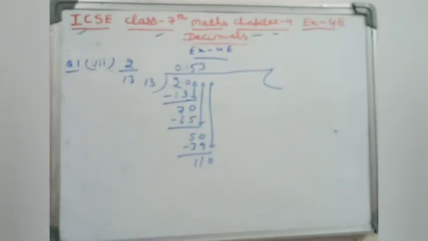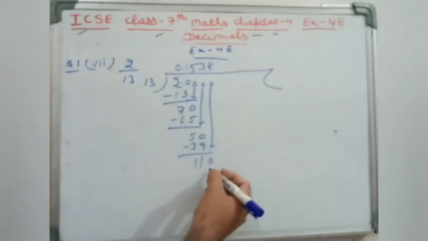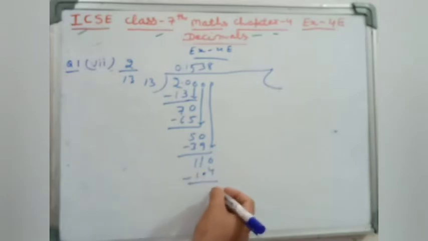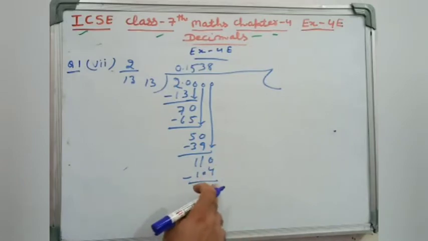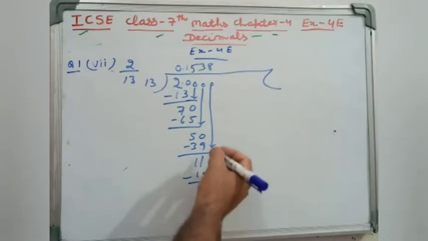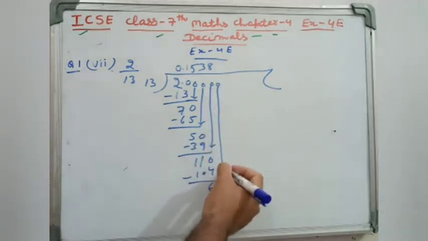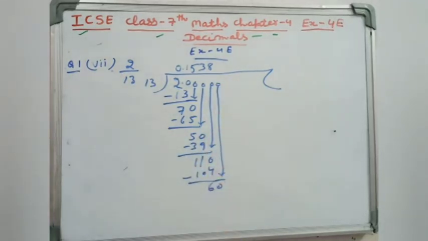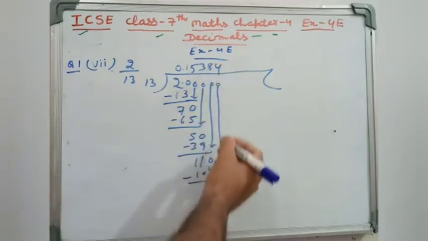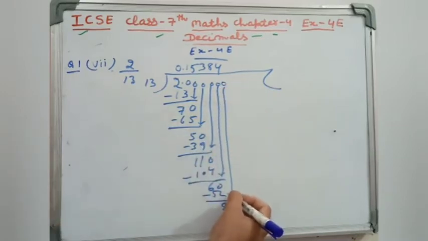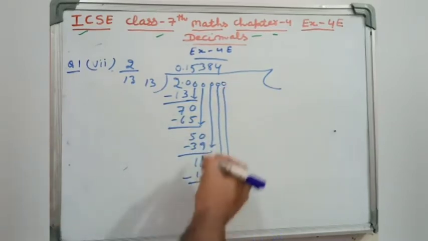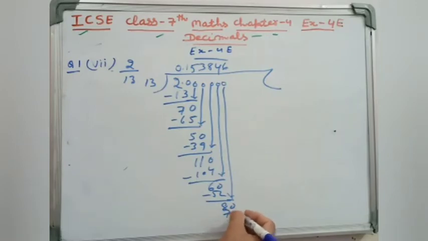Now 13 9s are 117, 13 8s are 104, minus, 6 remains. Again smaller, make it bigger by taking 0 here. 13 4s are 52, minus, 8 remains. Again smaller, make it bigger by taking 0. 13 6s are 78, minus, 2 remains.